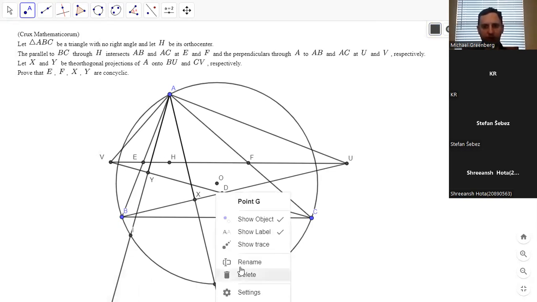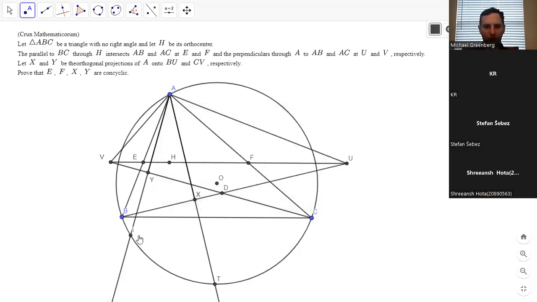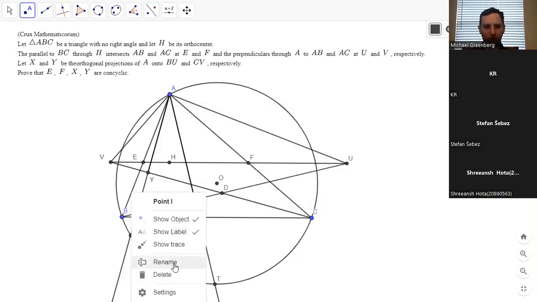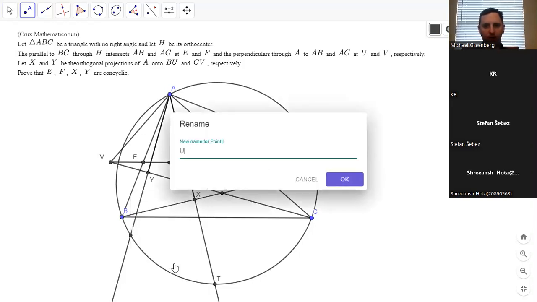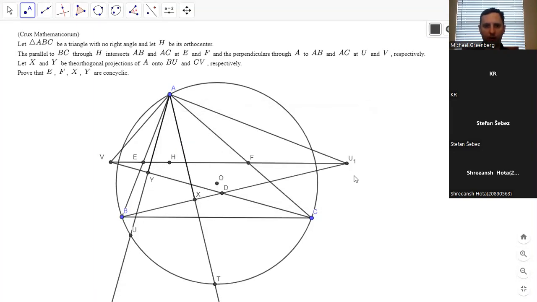So I'll call it T and U. Suffices to show that TC is parallel to XF.